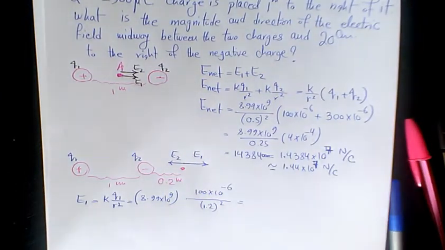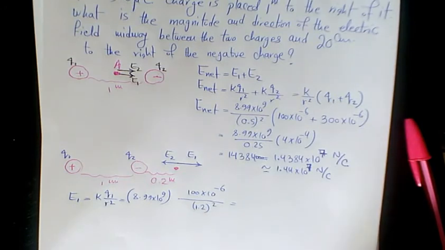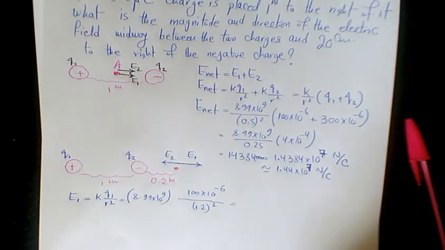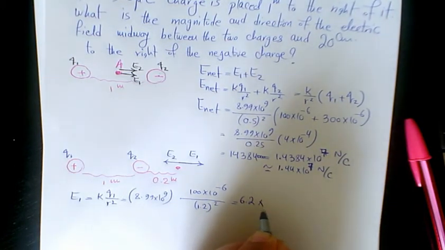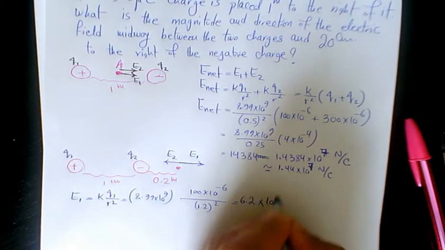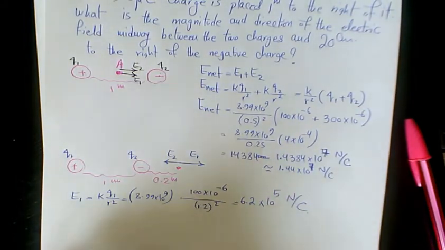So that will be 8.99 times 10 to the power of 9 times 100 times 10 to the power of negative 6 divided by 1.2 to the power of 2, which is going to give me 6.2 times 10 to the power of 5 Newton per Coulomb.